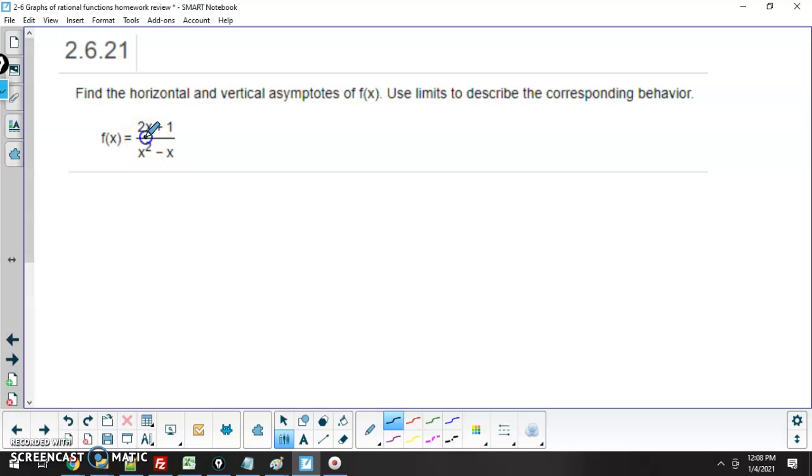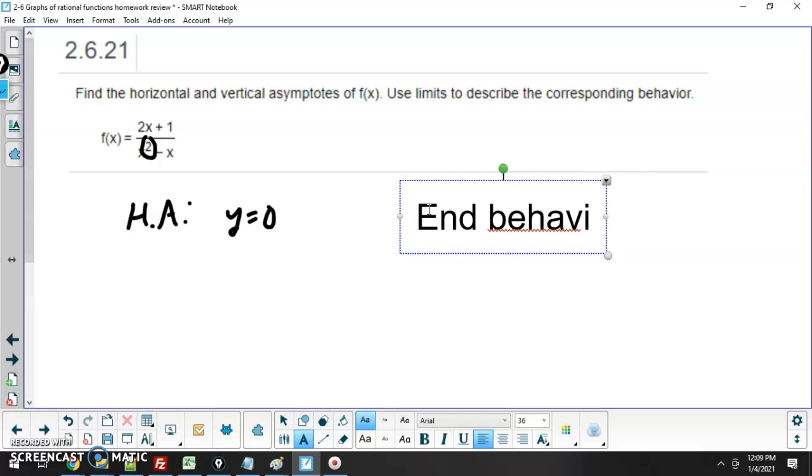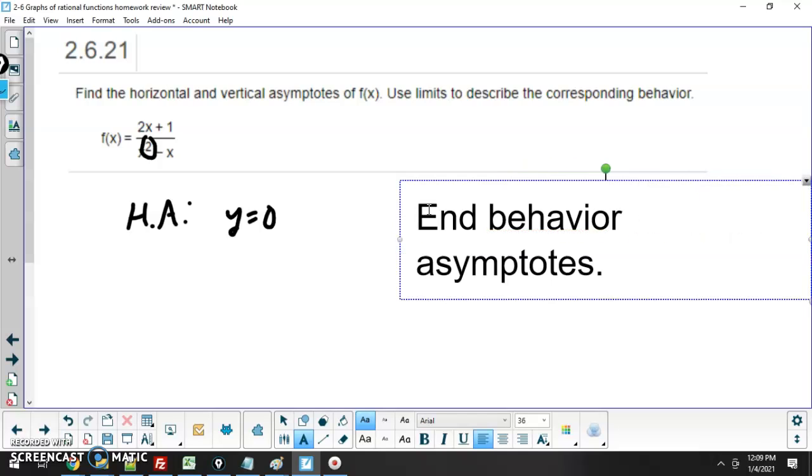If the larger exponent is on the bottom, that means you have a horizontal asymptote at y equals 0, okay? Horizontal asymptotes are what we call end behavior asymptotes. You could also have slant asymptotes at the ends, or you could even have a parabola that the graph approaches, which I'll show you guys later.